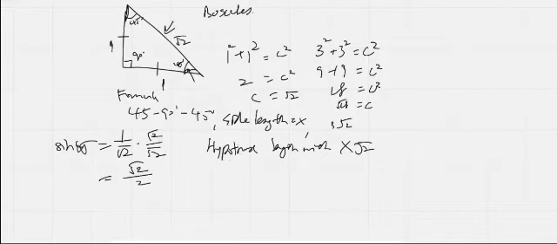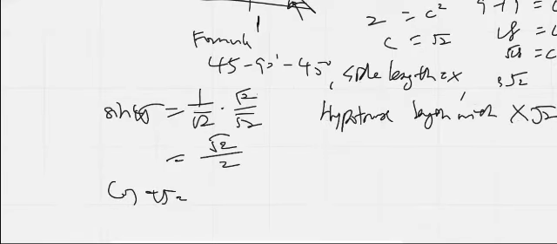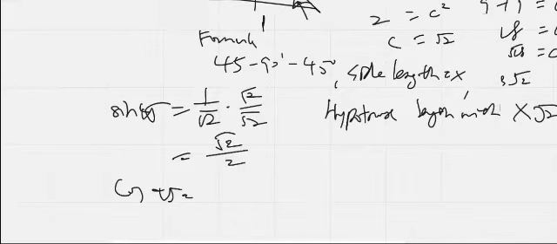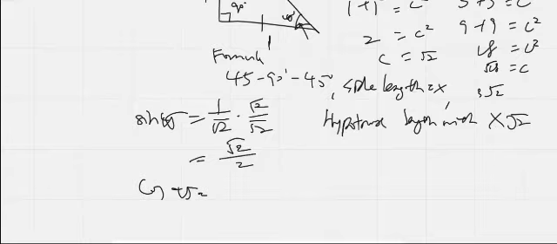And let's say I want to use cosine 45. Cosine 45 will be A over H, 1 over root 2, same as sine 45, and we also want to make it rational, and it will become root 2 over 2.